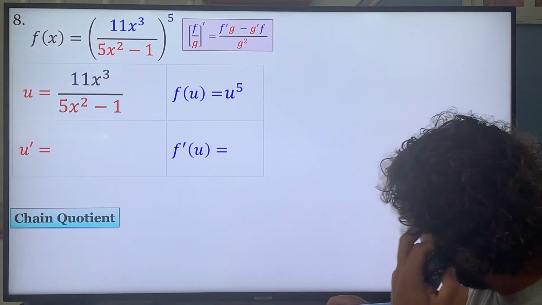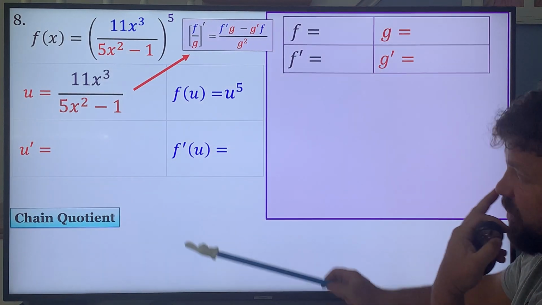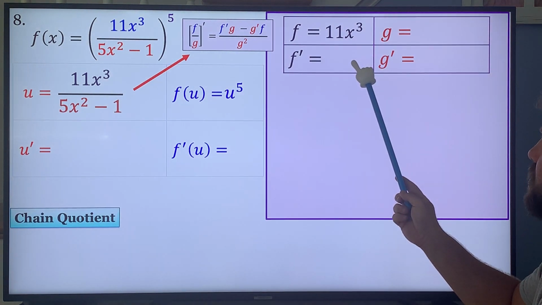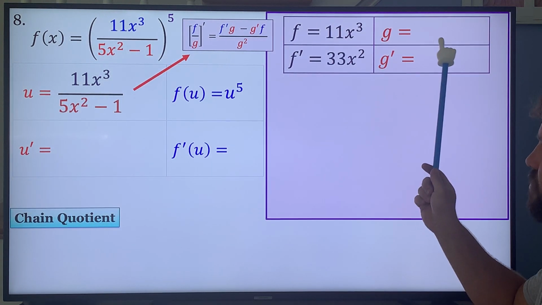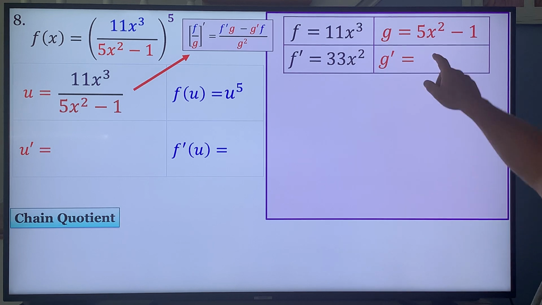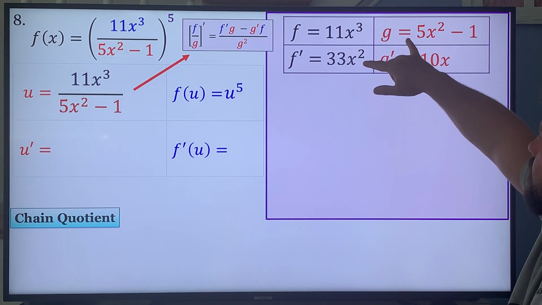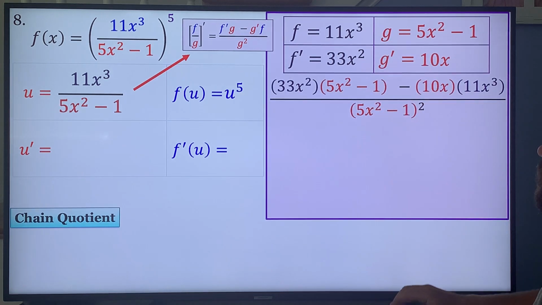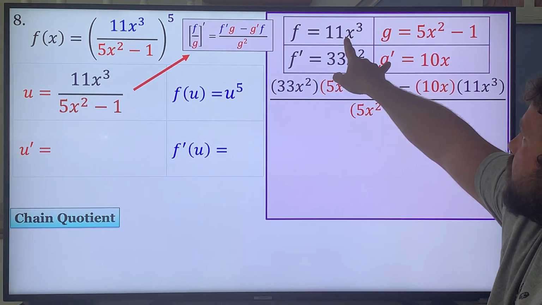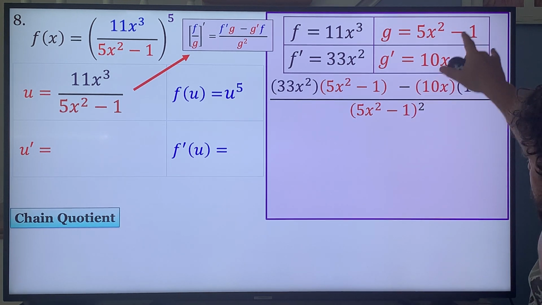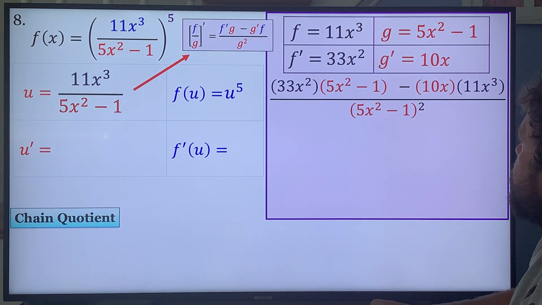In order to derive u, we have to use our quotient. 11x cubed is our f. Derivative of that is 33x squared. G, 5x squared minus 1, 10x. F prime g, 33x squared times 5x squared minus 1. G prime f, 10x times 11x cubed, all over 5x squared minus 1 quantity squared.